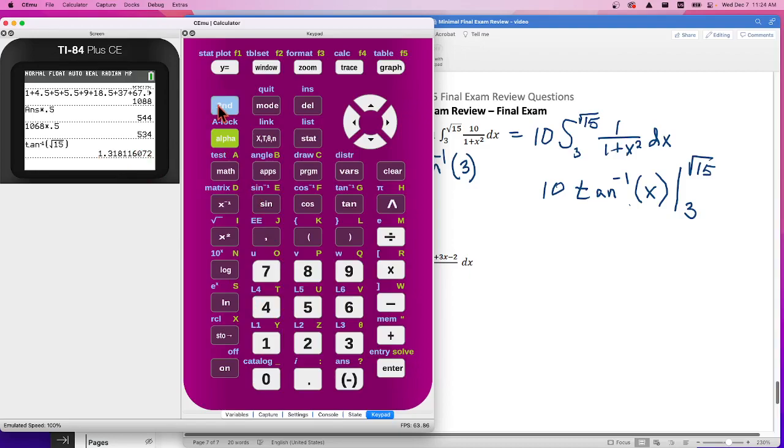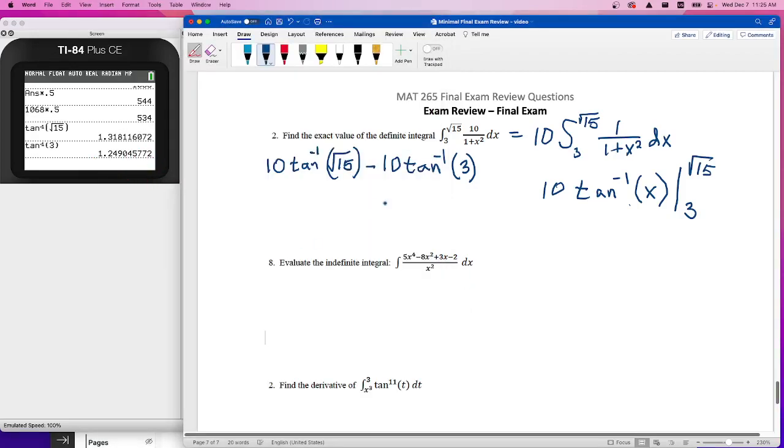And I think the same thing is going to be true when we take the inverse tangent of 3; we get some sort of non-repeating decimal. So since they want the exact value, we're just going to leave it like this. Now, if they wanted it as a decimal, we would take each of these times 10, do the subtraction, and we'd get a value. But for exact value, this is good.